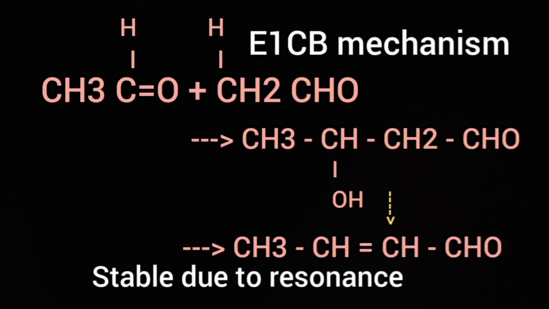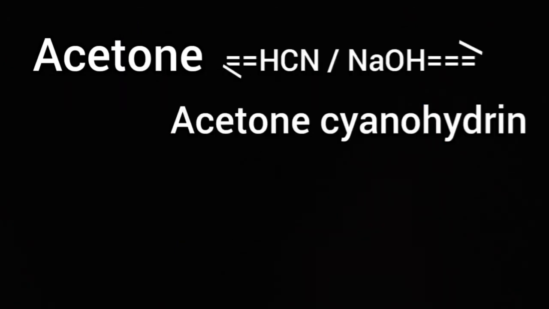You know, when acetone is treated with hydrogen cyanide in presence of alkali, or you can say base, acetone cyanohydrin is produced. But the reaction is reversible, you see. In the forward direction, you got acetone cyanohydrin. In the backward direction, in presence of OH minus, it gives back the acetone.